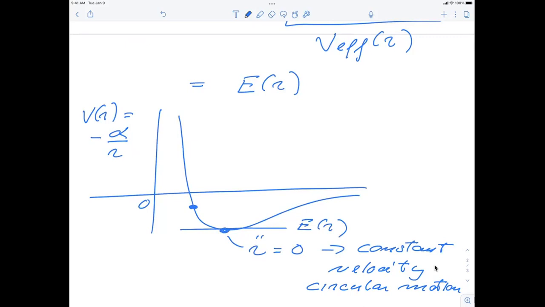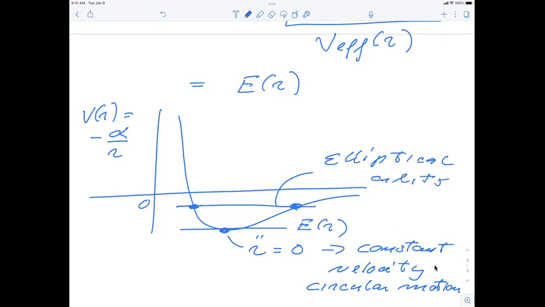And there will be some potential energy. If we now place ourselves at another position here, we may have an energy which is going to lead to a type of motion where the object is going to oscillate back and forth between this point and this point. So this one is going to give us elliptical orbits. And this is what we're going to show today.